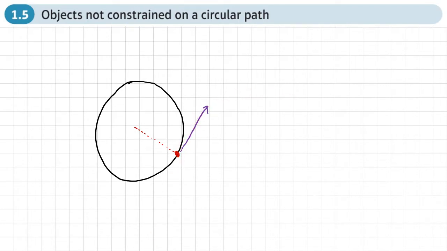So if we draw some axes, for example, like this, we would now consider this as projectile motion, with this our x-axis and the y-axis here, and the speed at which it leaves the circular path will be our initial speed for our projectile motion.